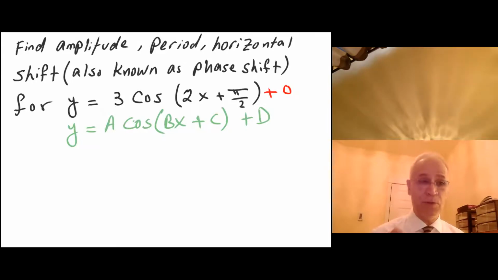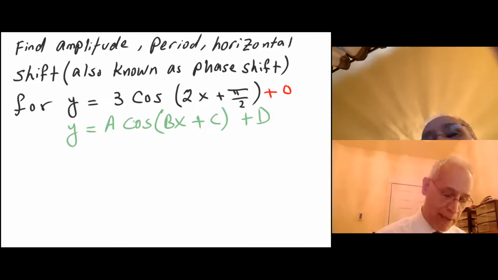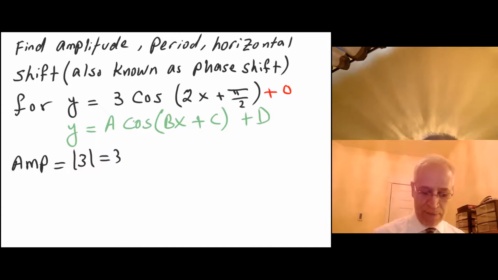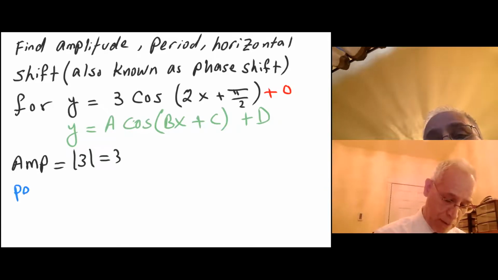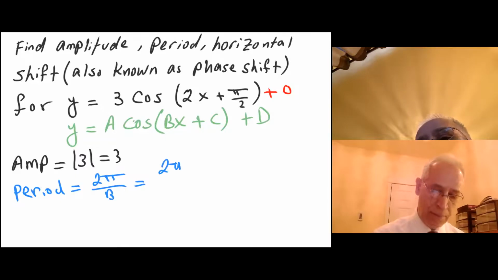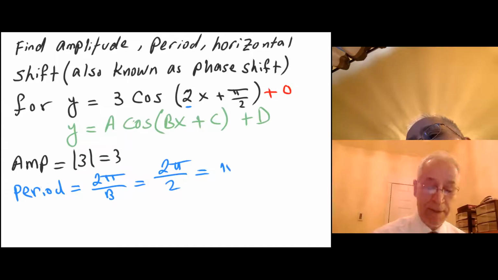If we want to work with this format, then amplitude is the absolute value of 3, which equals 3. Period equals 2 pi over b. B in this case is 2, so the period is pi.